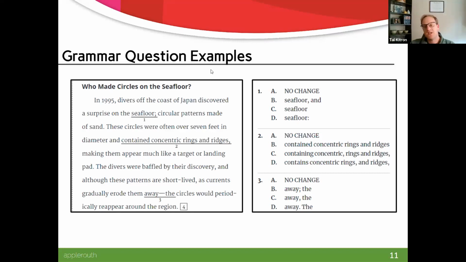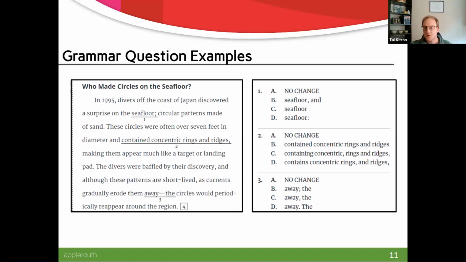What's interesting here is a lot of students are tempted to read the passage, but for all these grammar questions, we don't really need to. So just look at what's changing between A, B, C, and D. And this looks exactly like what we're going to see on test day. So let's start with number one.